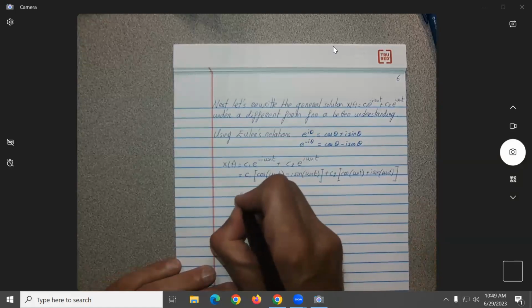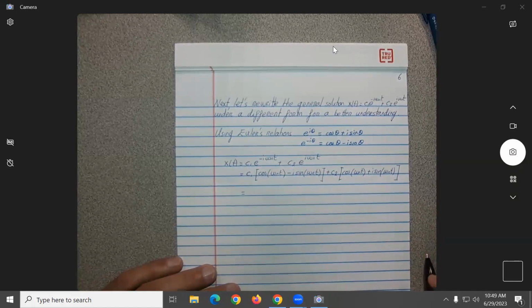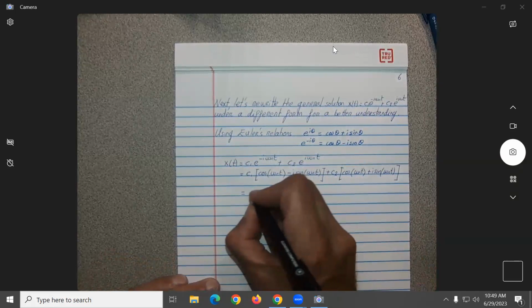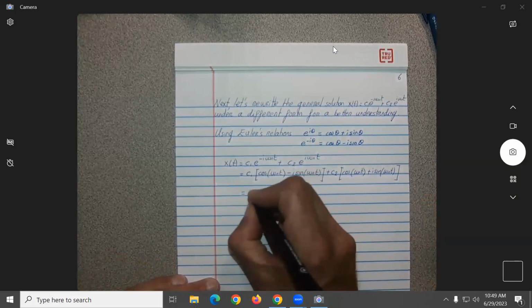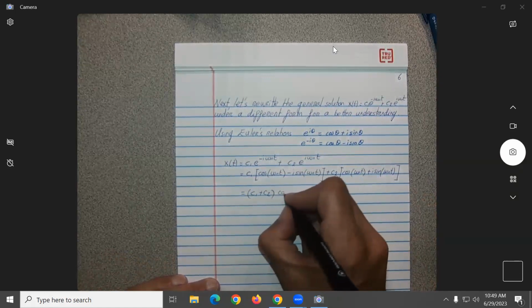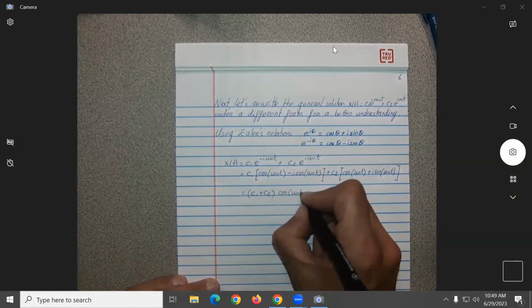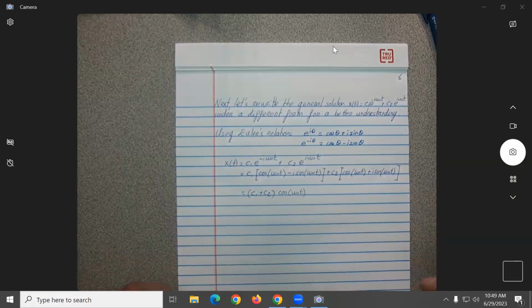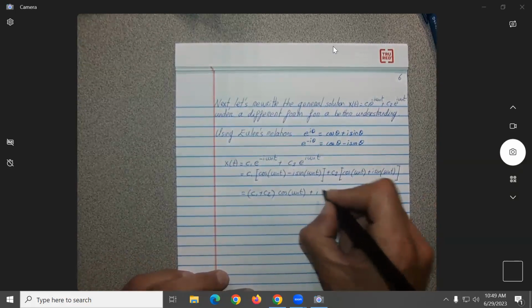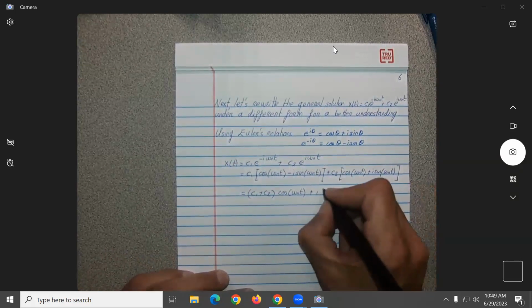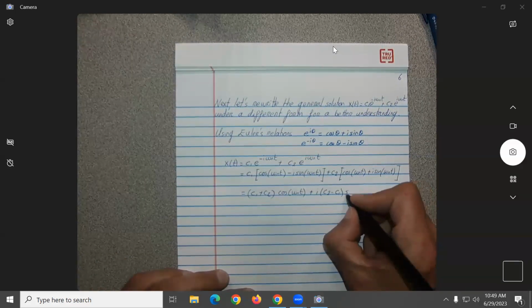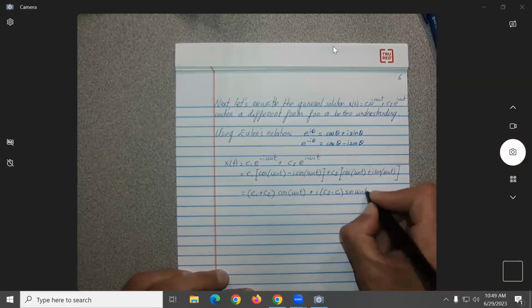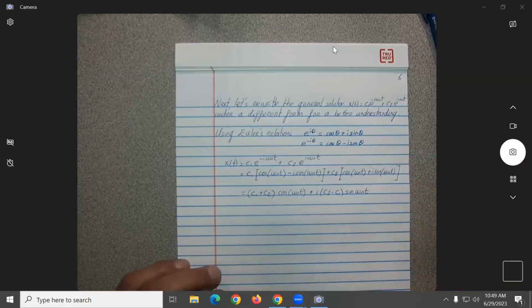So here I'm going to jump so I don't make everything too crowded. You can see over here that we're going to have c1 plus c2 times cosine omega n t plus i of c2 minus c1 times sine omega n t.